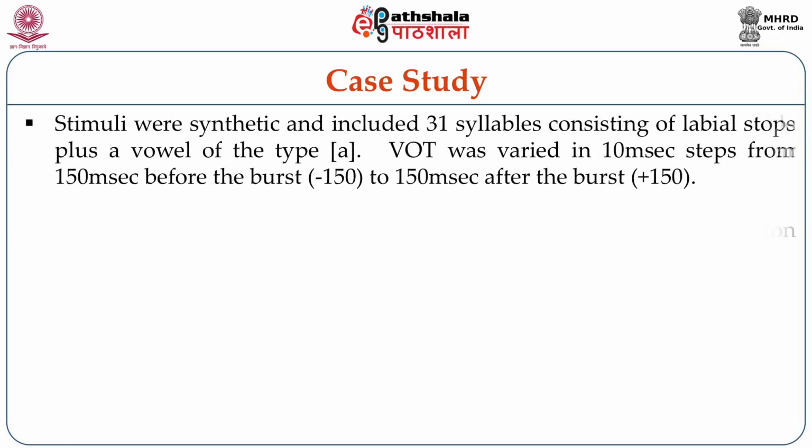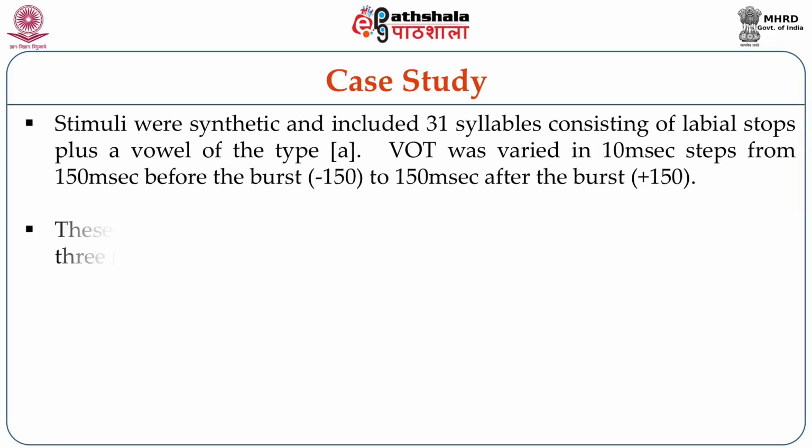Stimuli were synthetic and included 31 syllables consisting of labial stops plus a vowel of the type R. VOT was varied in 10 millisecond steps from 150 milliseconds before the burst, that is minus 150 milliseconds, to 150 milliseconds after the burst, that is denoted by a plus 150.